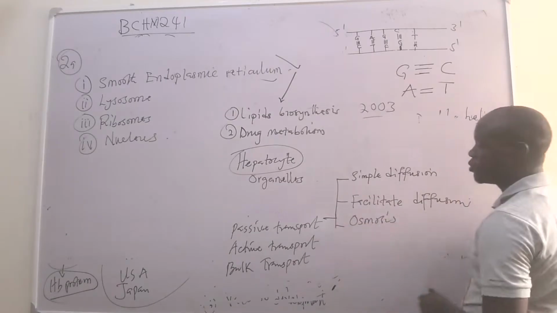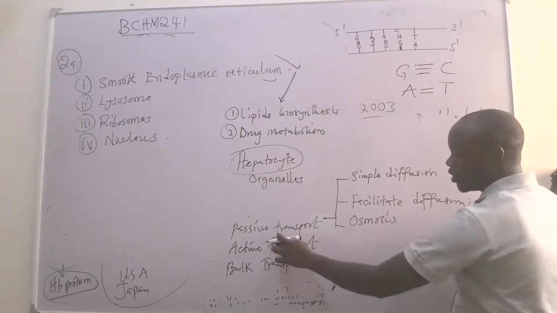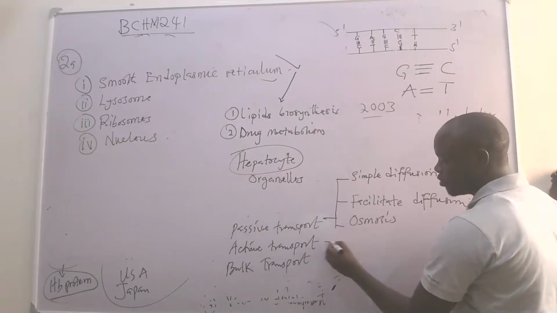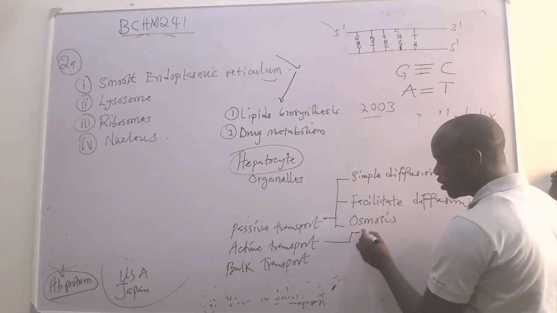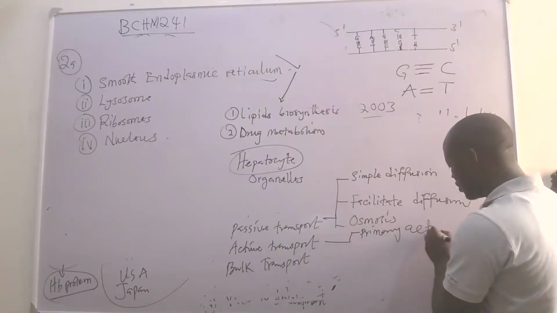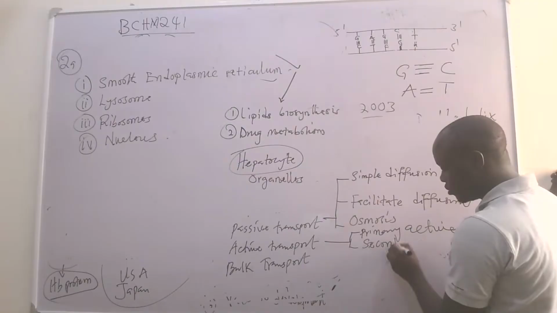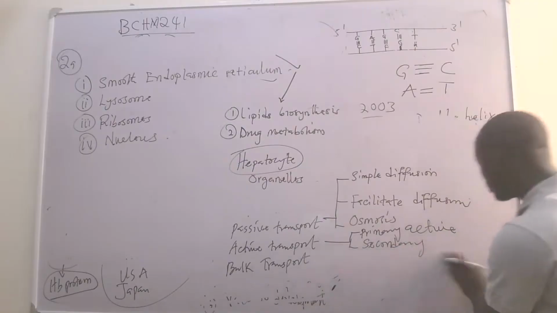These are the different types of transportation of material. For active transport, we have primary active transport and secondary active transport.